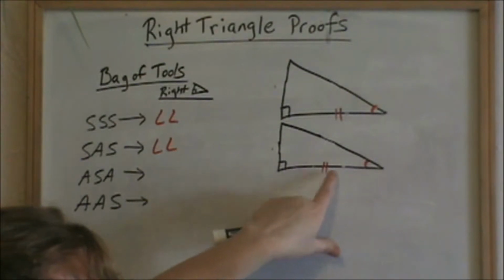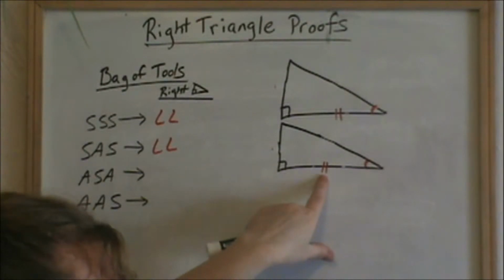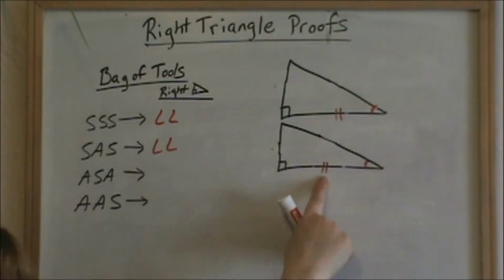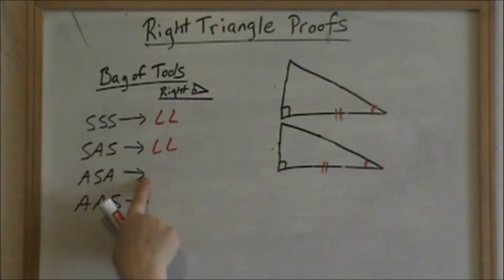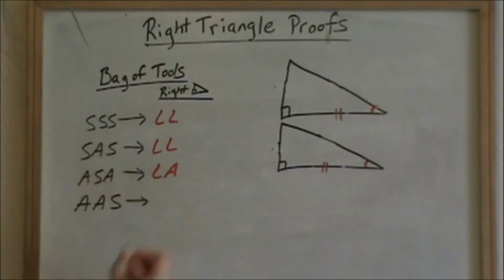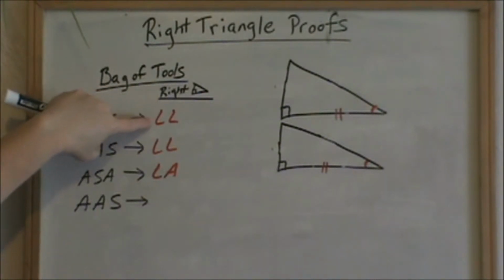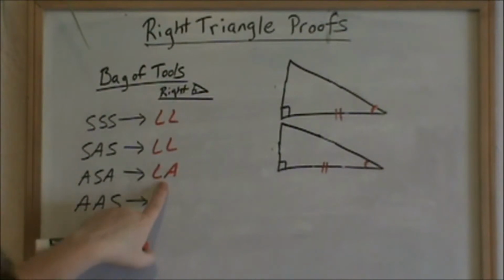This is a leg, and this is another angle. So we call that LA. Another leg and another angle. Having known another leg and another angle, that puts it towards angle, side, angle with the 90 degrees. We can instead replace that with LA. Now, just know these 2 letter ones are only for right triangles. Only. So be sure and make this note, right triangle. So that means leg, angle.